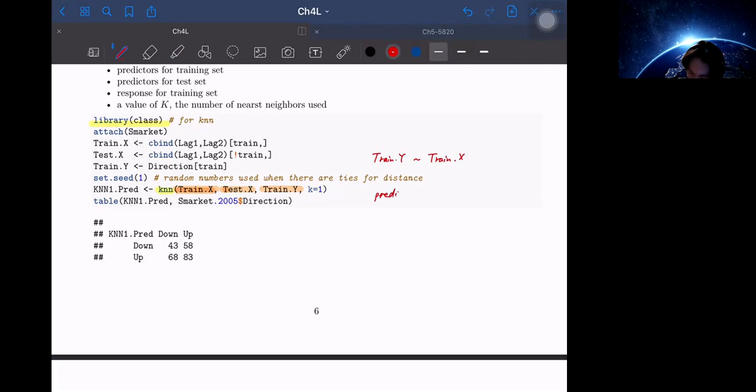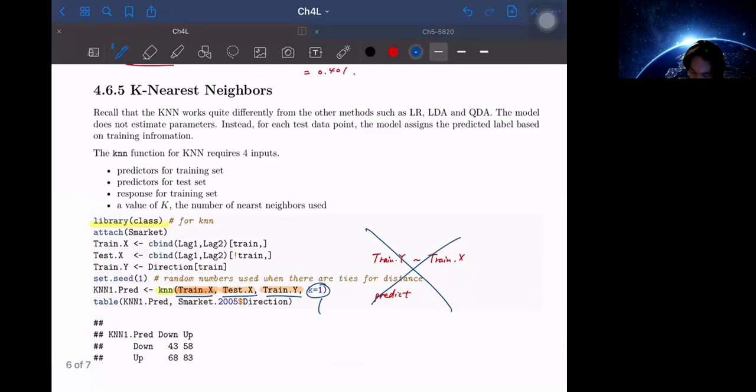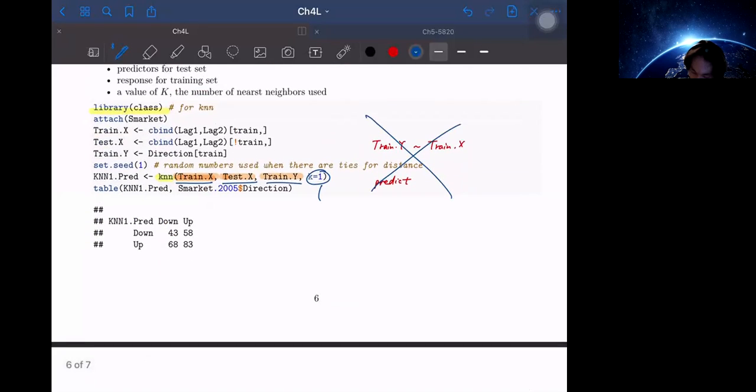That was for LDA and logistic regression. But here, we don't use this. You just input these 3 objects, then specify K. So this is the K nearest neighborhood. K equal to 1 means only the closest observation is used.